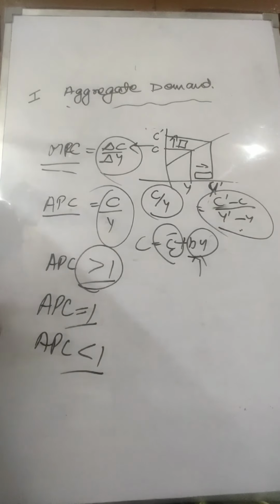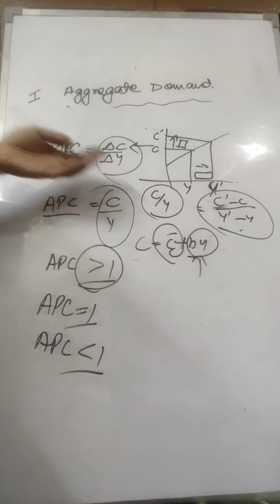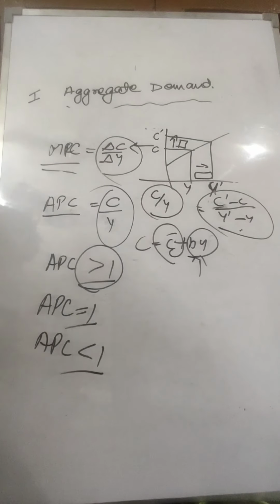Now, what values can MPC take? MPC will always be between 0 to 1. Why? Because either your change in income is equal to your consumption change, or your consumption change is 0 and your income is fully saved. All right, so the values can be in between only. You cannot have a positive change whereas your income is not changing at all. That can never happen.